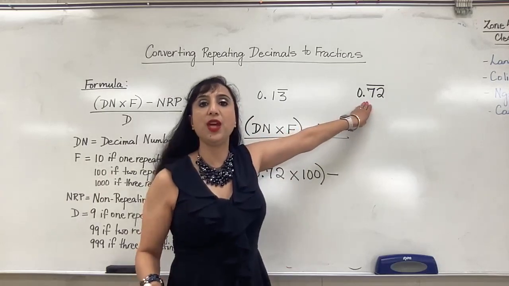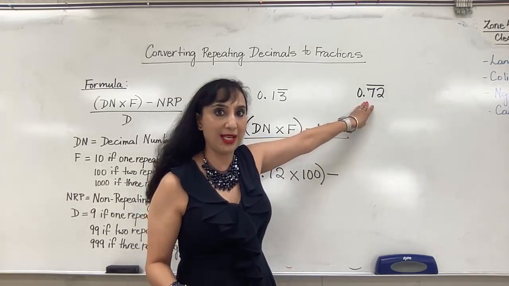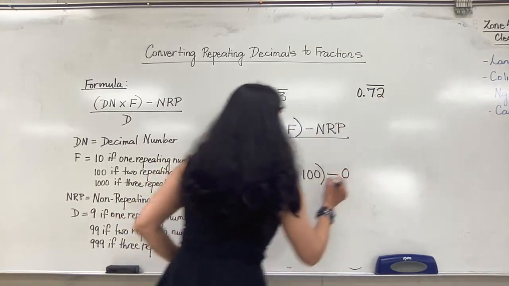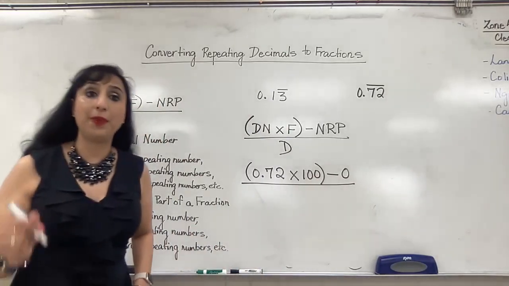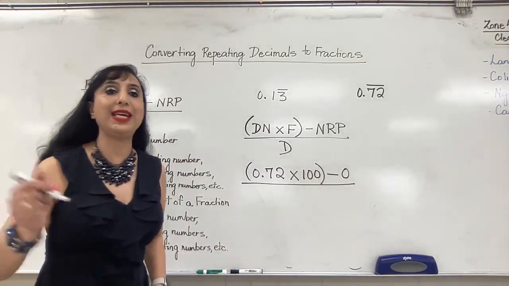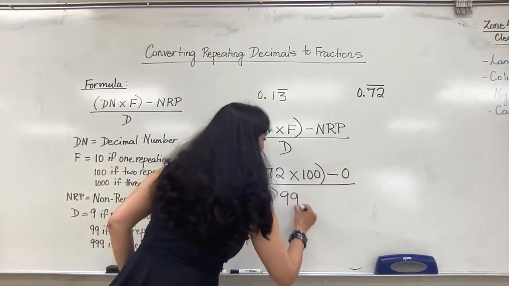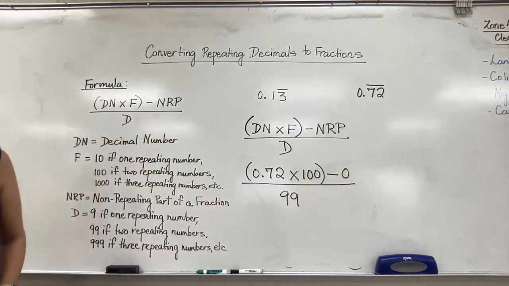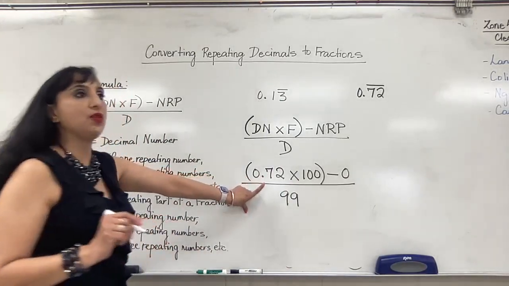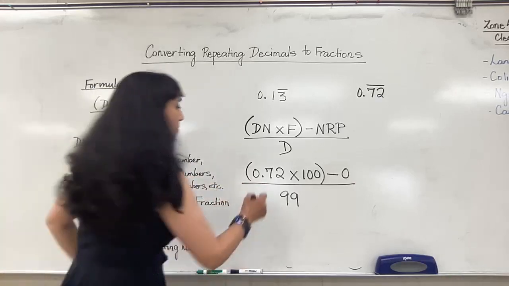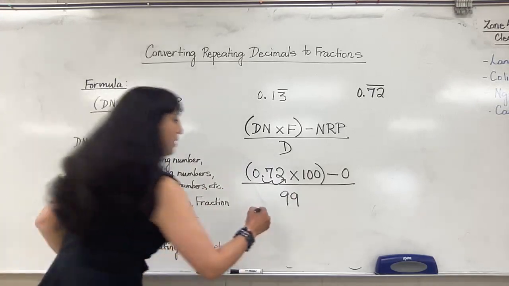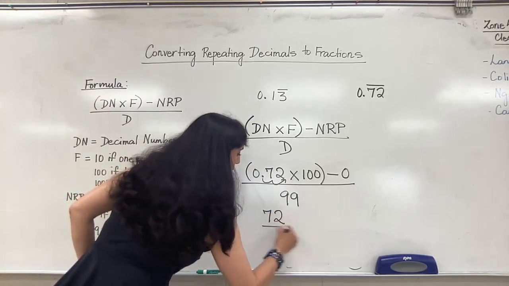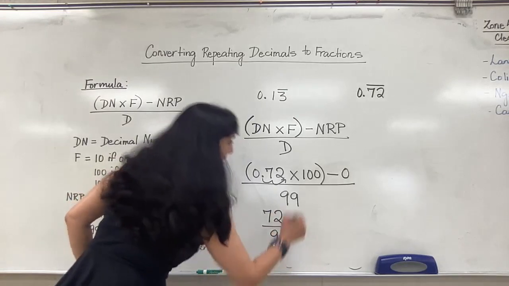As you can see, I do not have any non-repeating part of the decimal, so it's going to be minus 0. And since there are two numbers repeating, I am going to have my d as 99. If I'm multiplying 7200 times 100, the decimal is going to move 2 places to the right. So this becomes 72 over 99 because there's nothing to subtract.